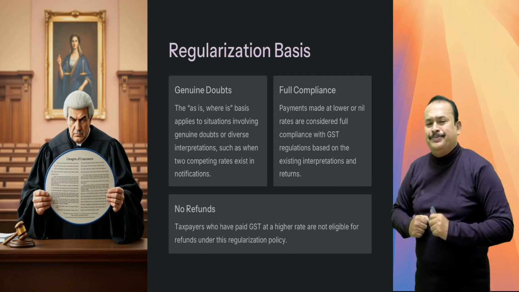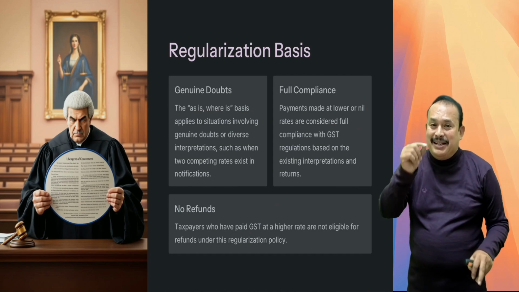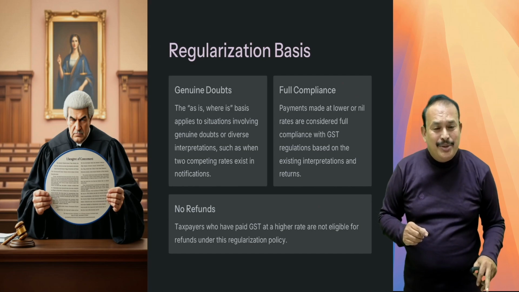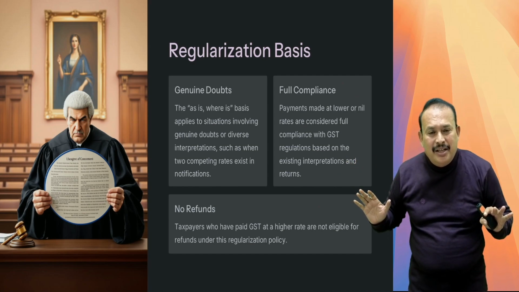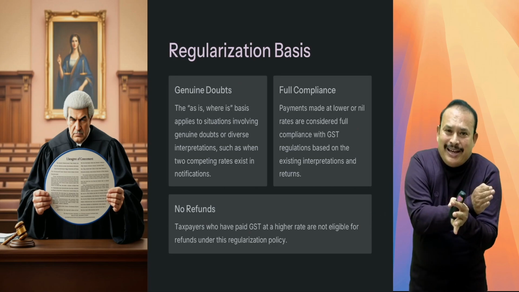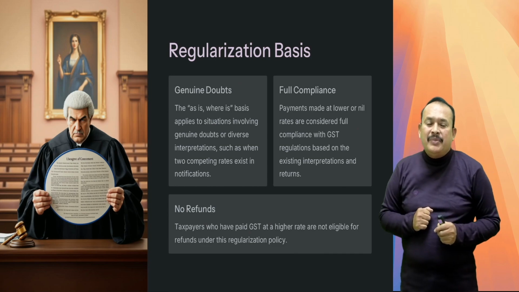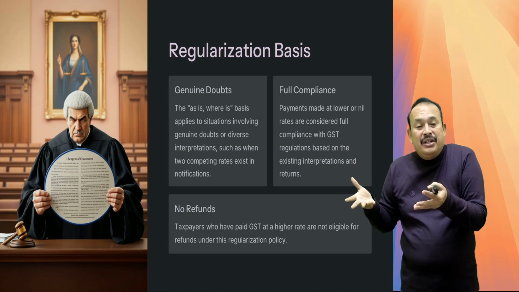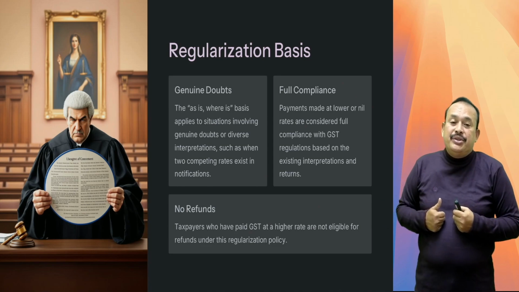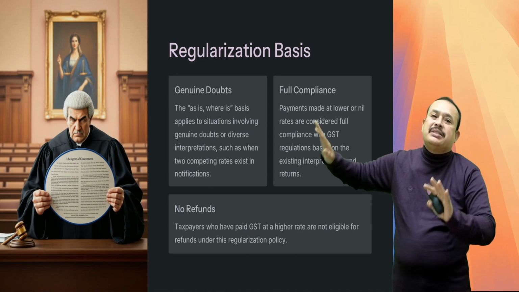For example, upon the recommendation of GST Council, today the dispute got settled, clarified at a lower rate, let us say 5%. Prior to the rate clarification, there were two different rates in place. In that case, it will be settled on an "as is, where is" basis.